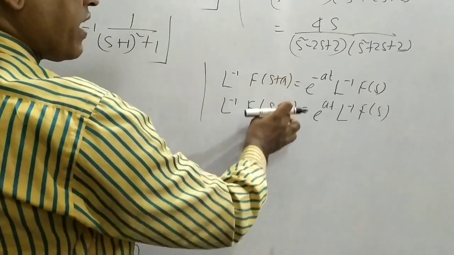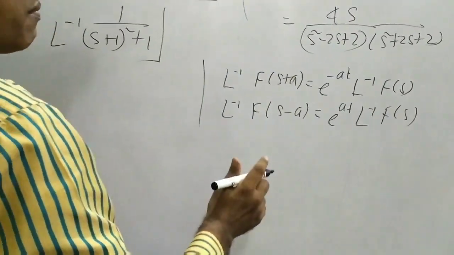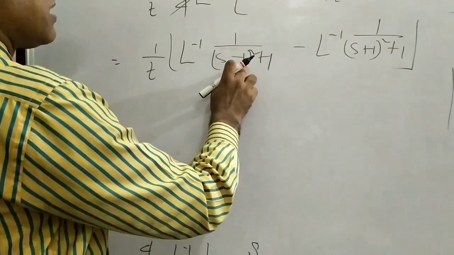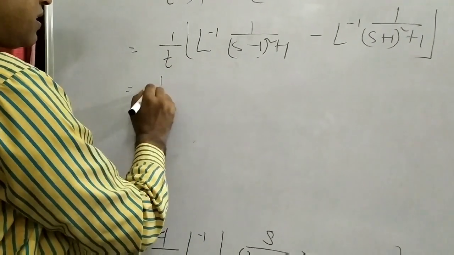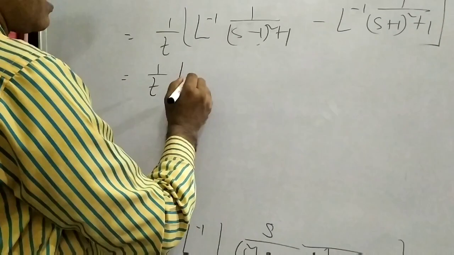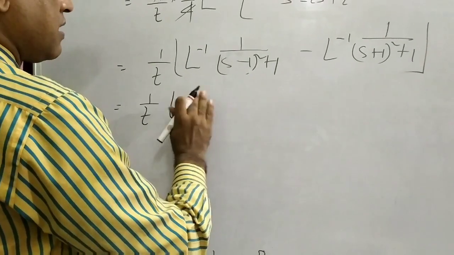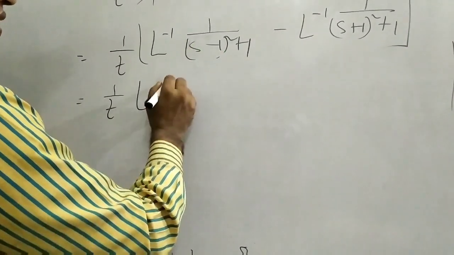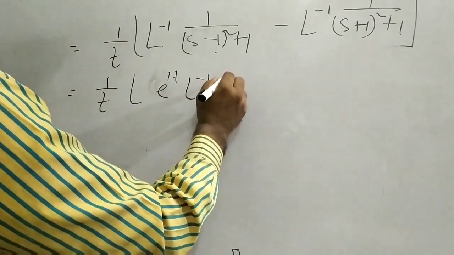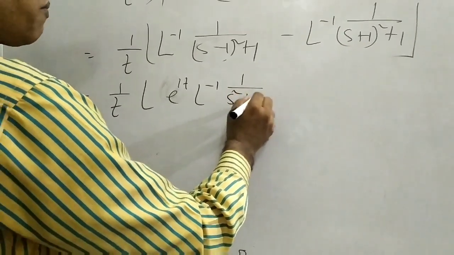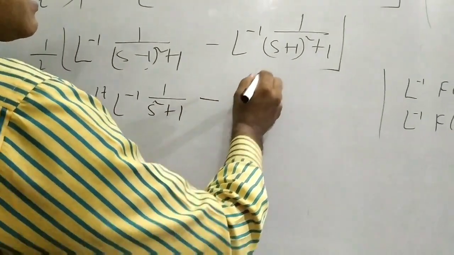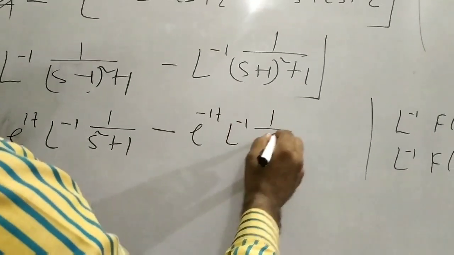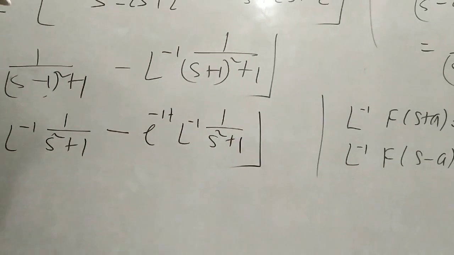That means if we remove a, then a becomes the power of e. Now we want to remove this one. Then 1 by t, if we remove 1, then e to the power t, L inverse of 1 by s square plus 1. And this, removing 1, e to the power minus t, L inverse of 1 by s square plus 1.